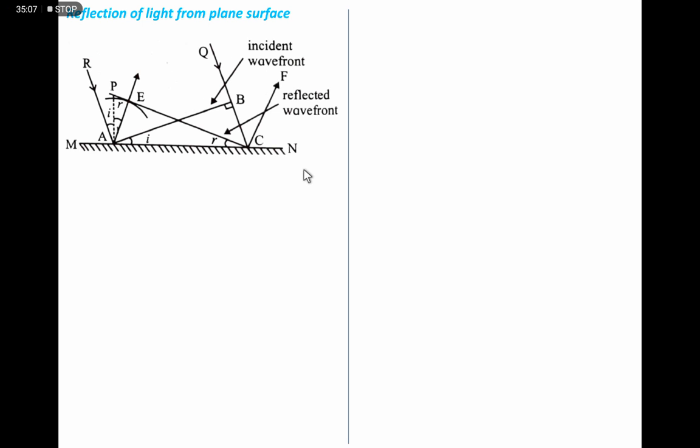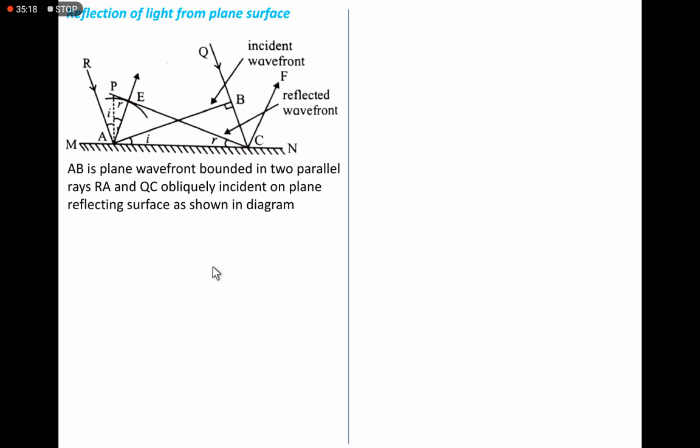We already studied the reflection of light and refraction of light. The plane wavefront is bounded by two parallel rays, RA and QC are the two parallel rays, and AB is the plane wavefront.